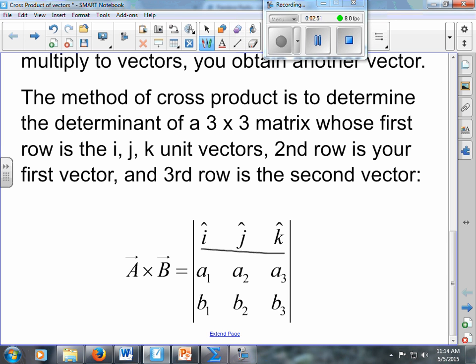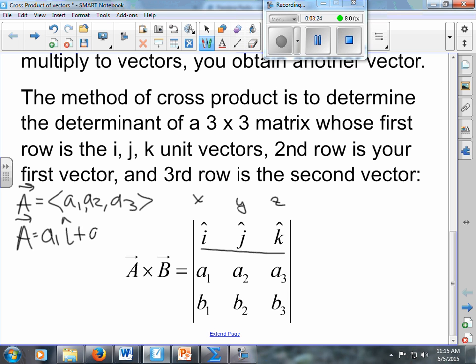In our first row, we put our three unit vectors, I, J, K. Remember, I is the X direction, J is the Y direction, and K is the Z direction. When I write vector A as A1, A2, A3 in component form with pointy brackets, you can also write the components in unit vector form: A1 in the I direction, A2 in the J direction, and A3 in the K direction.